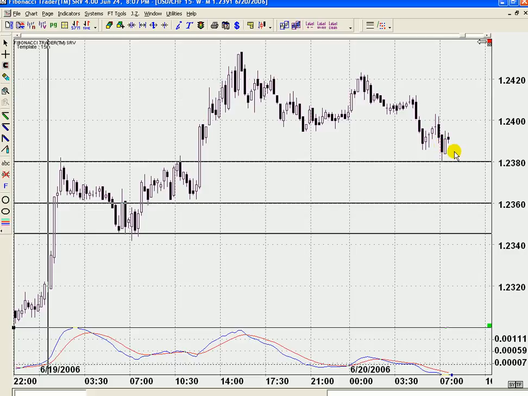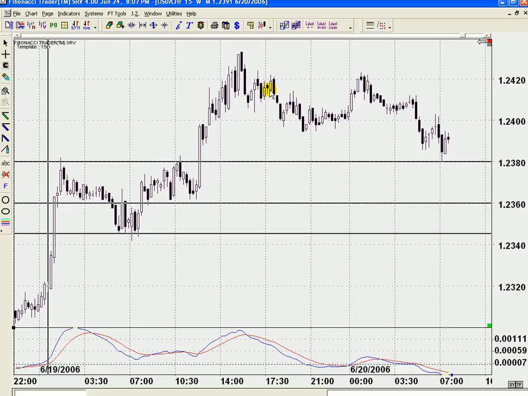The reason this is important is because if you're not looking at the important levels, even on these small 15-minute charts, then it's important for you to know where the market is going to bounce.